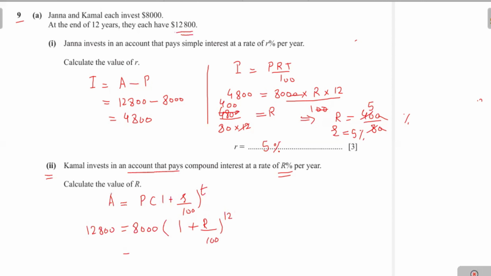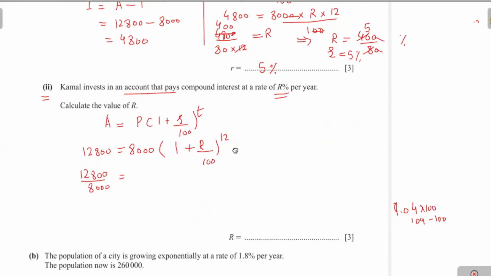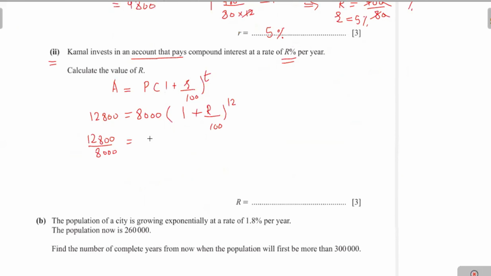Now we can write 12,800 divided by 8,000 equal to (1 plus R over 100) to the power 12, and the zeros will be cancelled.